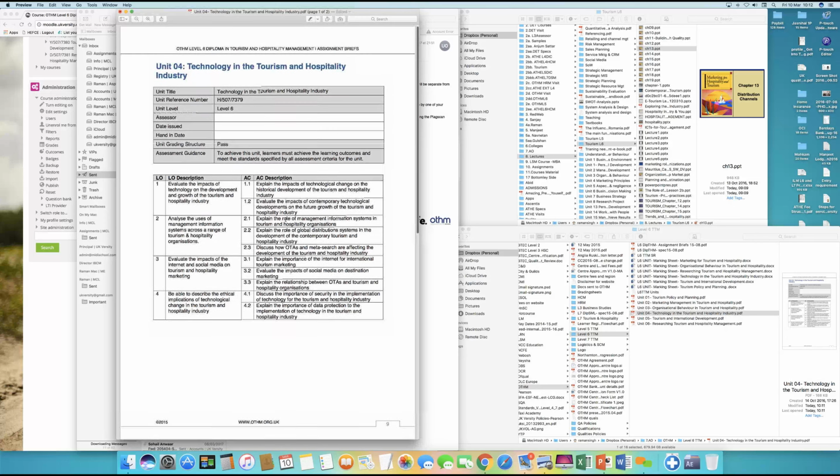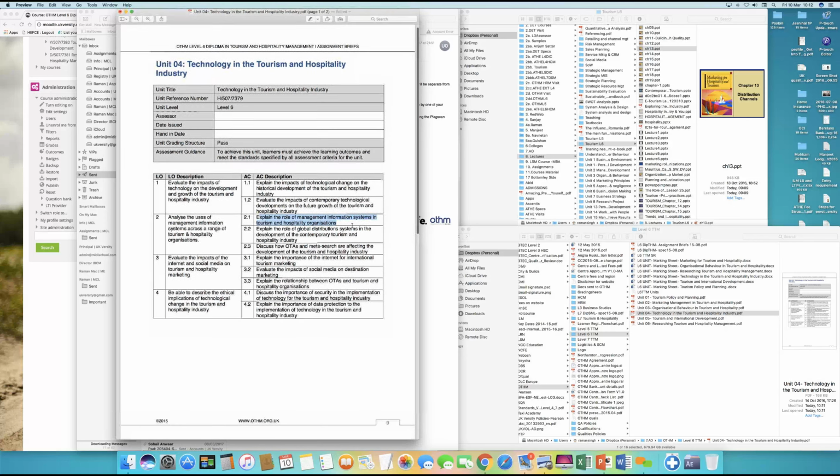It says, explain the role of management information systems in the travel and tourism industry. Try and find the information from the internet and then create a draft document by putting it into your Word document. So open a Word document, find information about it and put it down for now. That will become a working document for you.